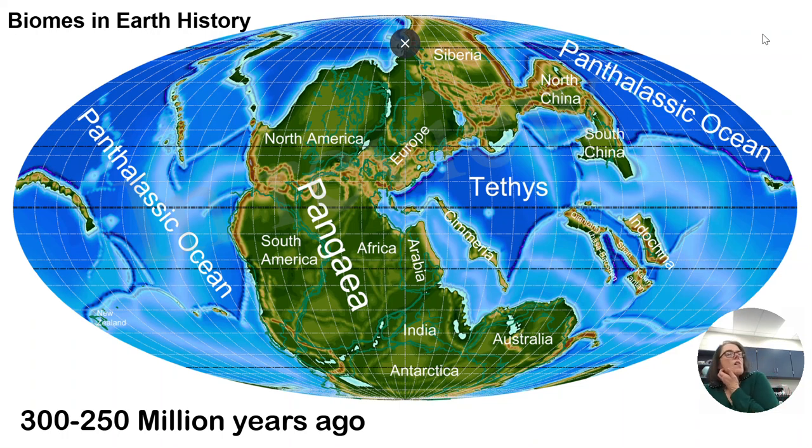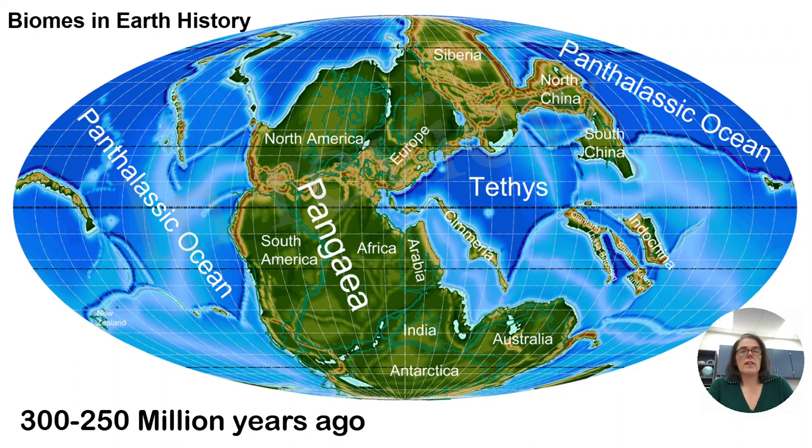All right. Now, the Earth, as it looks right now, is not always how it has looked. Here is a picture of the Earth 250 to 300 million years ago. Due to plate tectonics, all of our continents are always moving around, kind of like puzzle pieces, floating around the Earth.